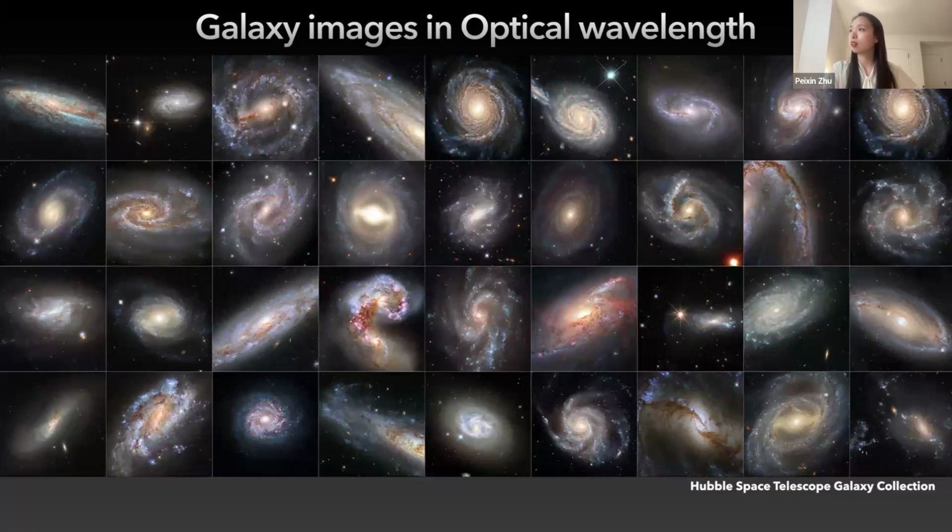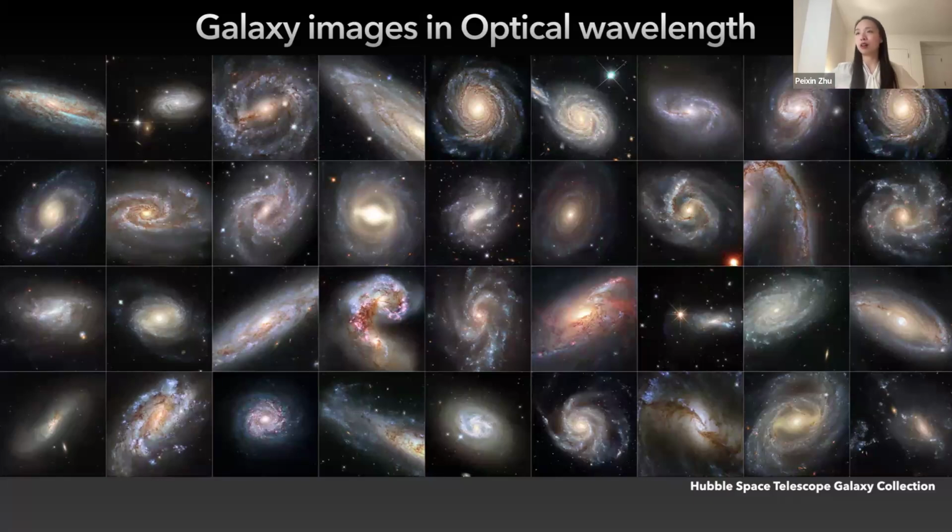As you can see in this image, the disk is a slightly fainter outer region.